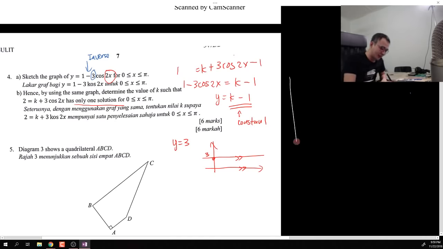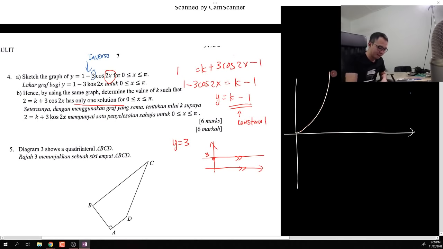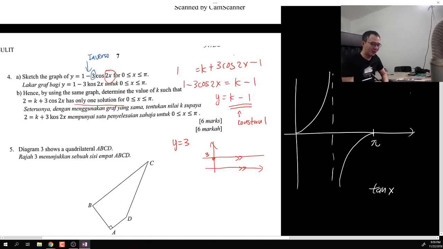Alright, so let's say I have a tangent graph here. Let's say this is pi. So let's say I draw from 0 to pi. This is tan x here. If the question asks about one solution, there can be any value above 0 and below 0.